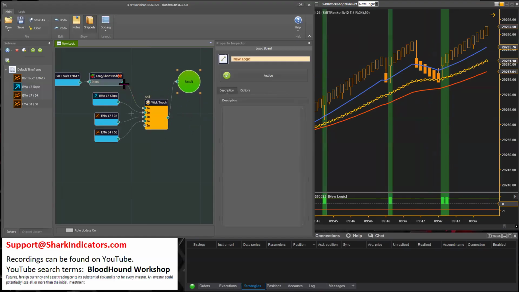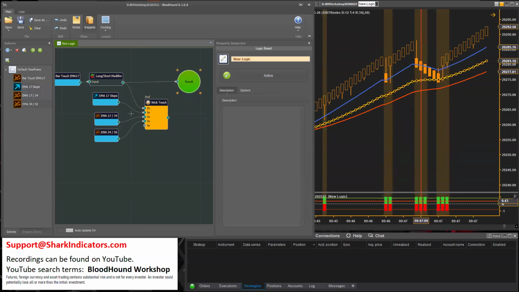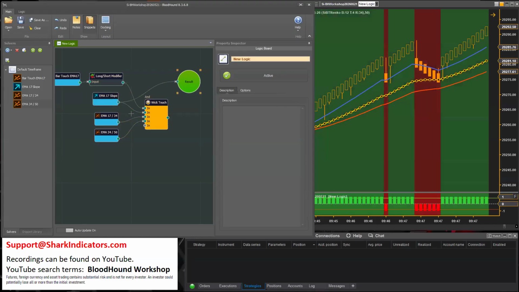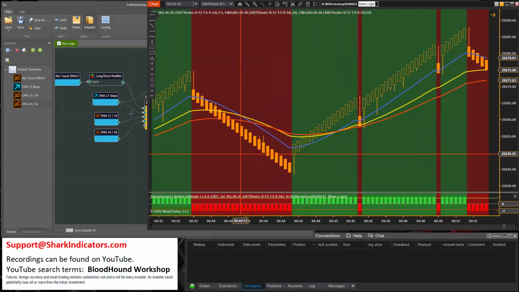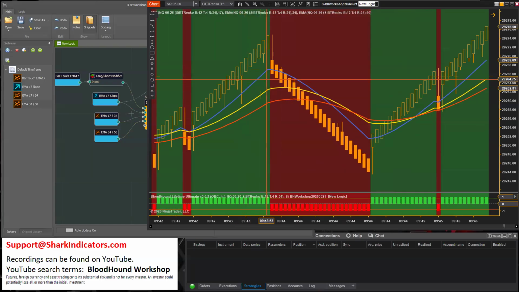So if we look at the output values, we're getting long and shorts at the same time here, right? And if we look at the slope, these are all sloping down like so, which actually, it looks like the EMA 17 is reacting fast enough. All right, so that's not going to be a problem.